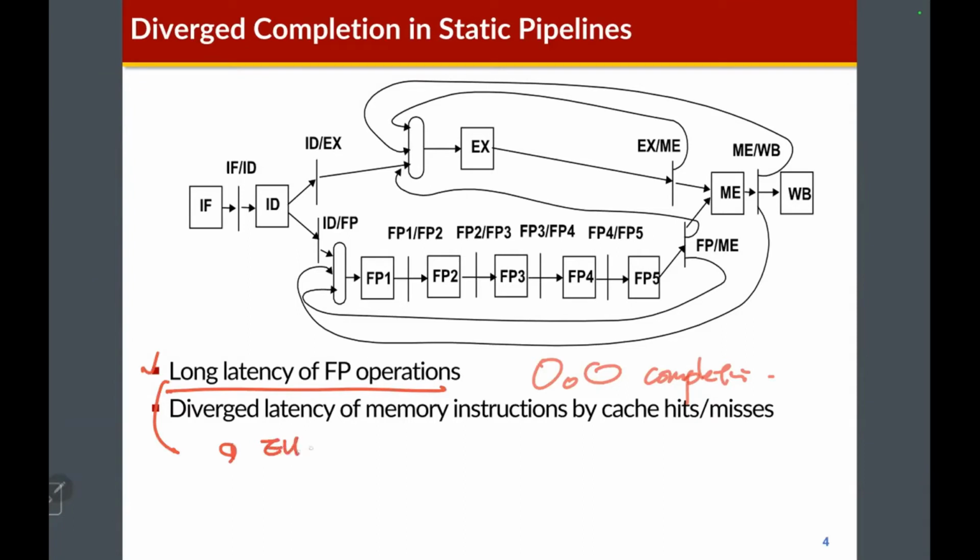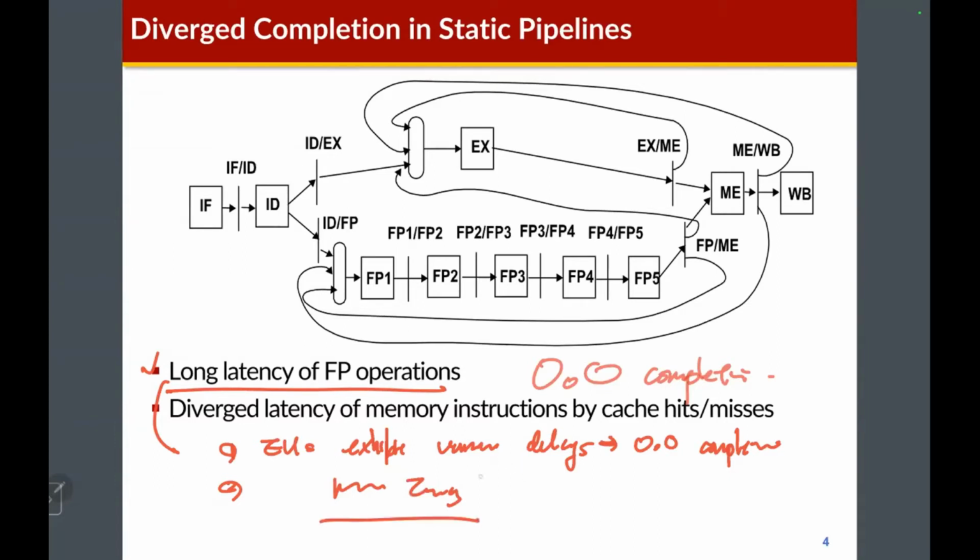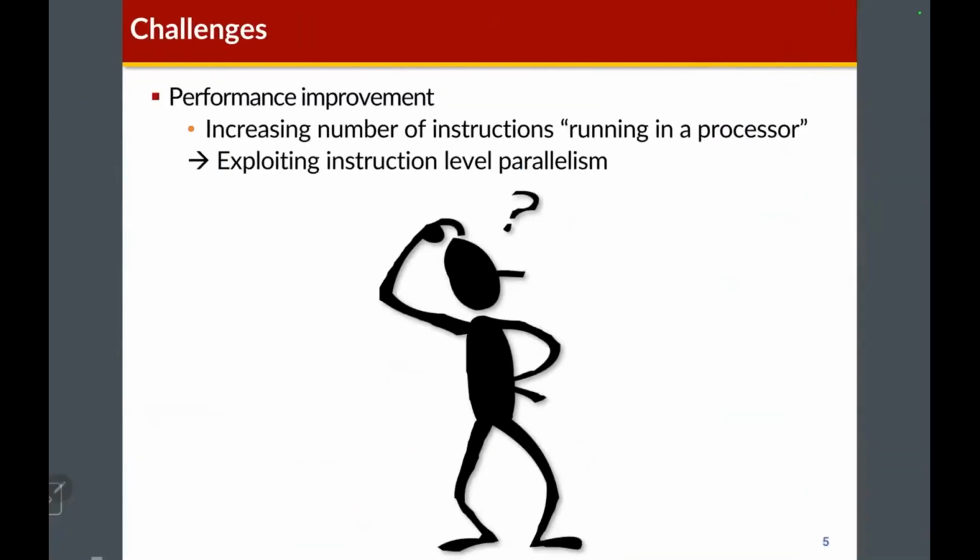The execution units exhibit various delays, which means that it is called out-of-order completion. And how can we reorganize this architecture? There are multiple engines, so instructions can be fetched, and another problem is that multiple execution engines have various delays. And how can we handle this case easily with the hardware architecture? Okay.